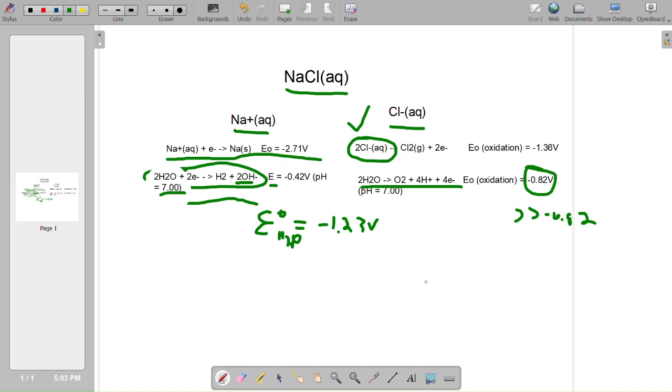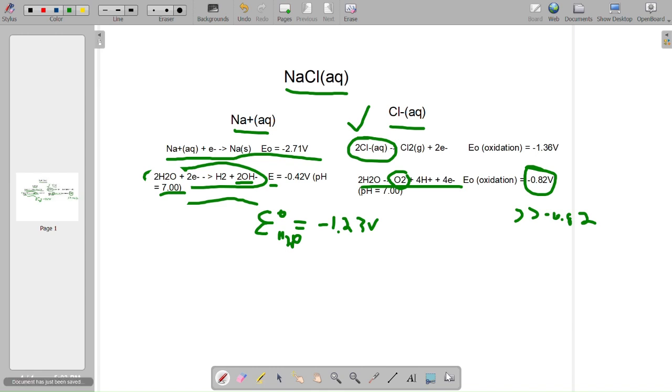Basically, you can't predict it, but what I can tell you is that anything that produces oxygen will have a very high overpotential compared to something like chlorine.